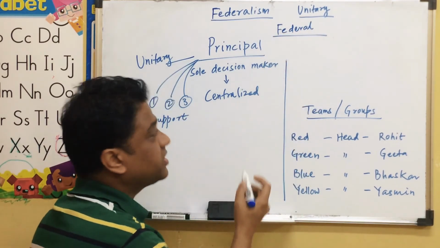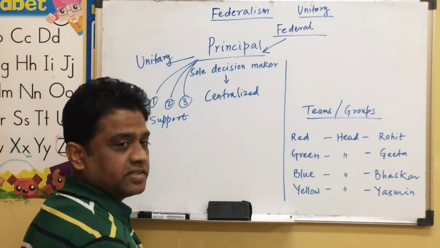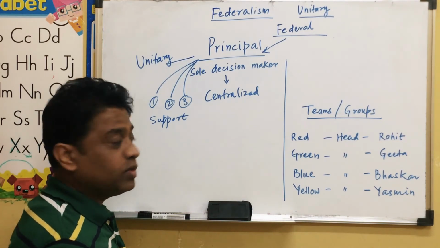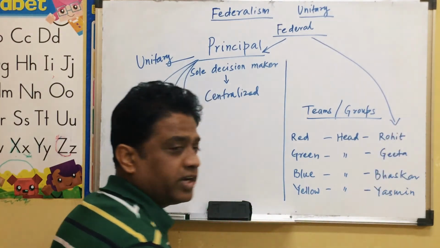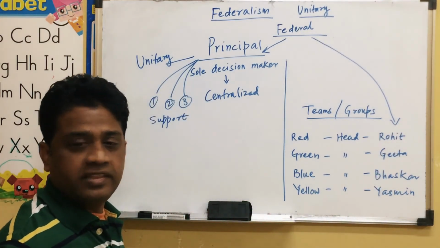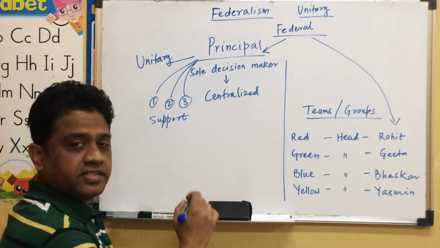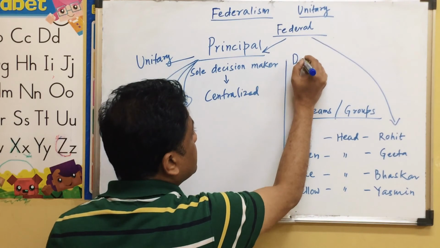In a federal structure, the principal is taking decisions on behalf of the school in certain areas, and the teachers are also decision makers. So in a federal system, the decision making is decentralized.